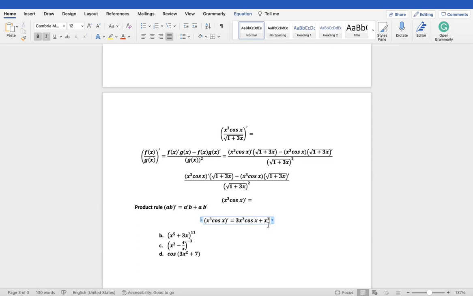What's the derivative of cos x, guys? Negative sin x. Thank you. Okay. And now this is equal to 3x squared times cos x minus x cubed times sine x.